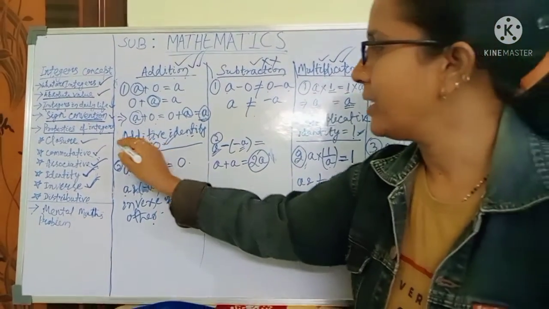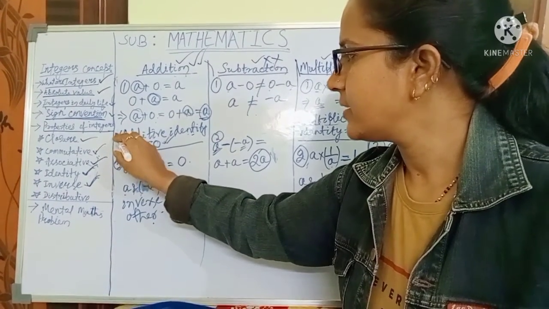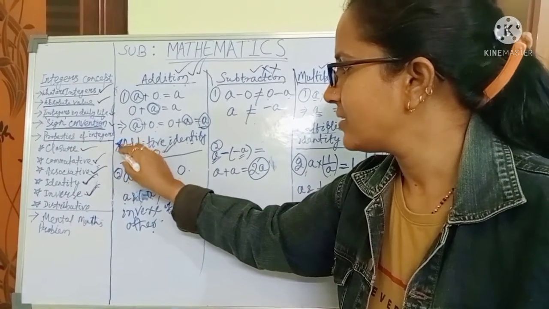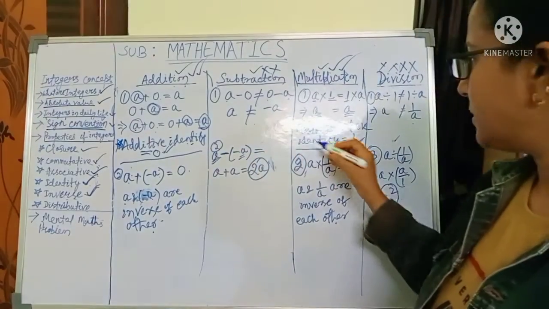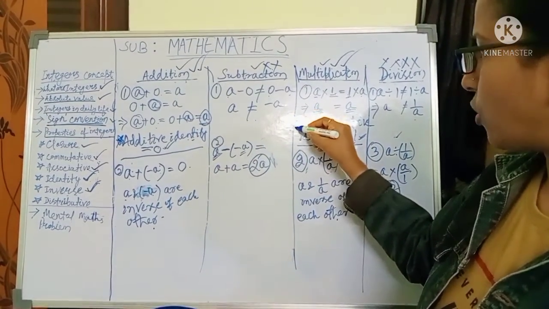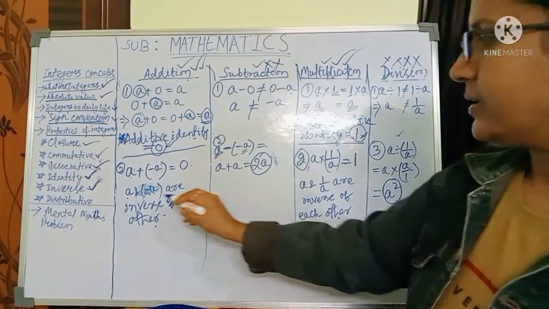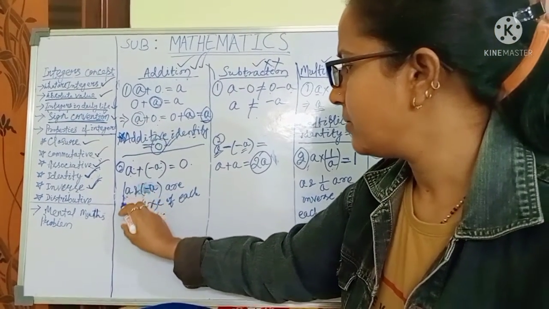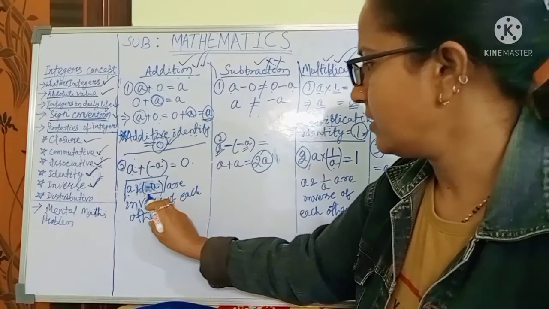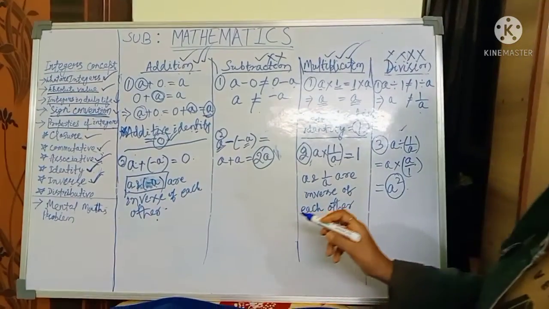Now we have to remember: the additive identity is always 0, the multiplicative identity is always 1, and a and minus a are the inverses of each other.